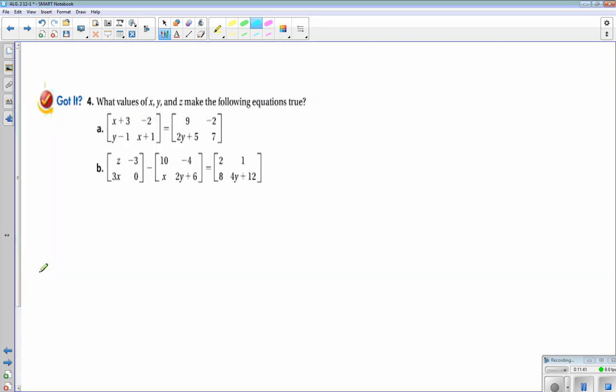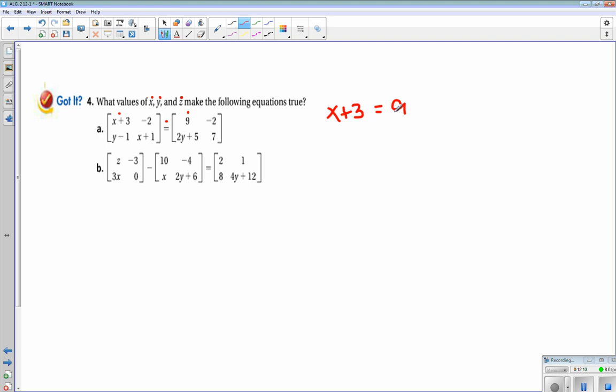Let's do this. Number 4. Here's what we're going to apply. So we are given that this matrix is equal to this matrix. So these matrices are equal. So when we want to find the values of x, y, and z, we are going to write down that each of the elements in the matrix are equal.